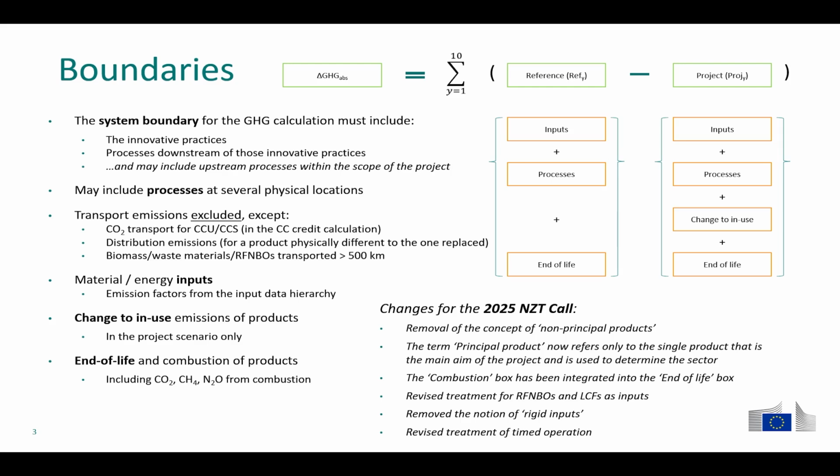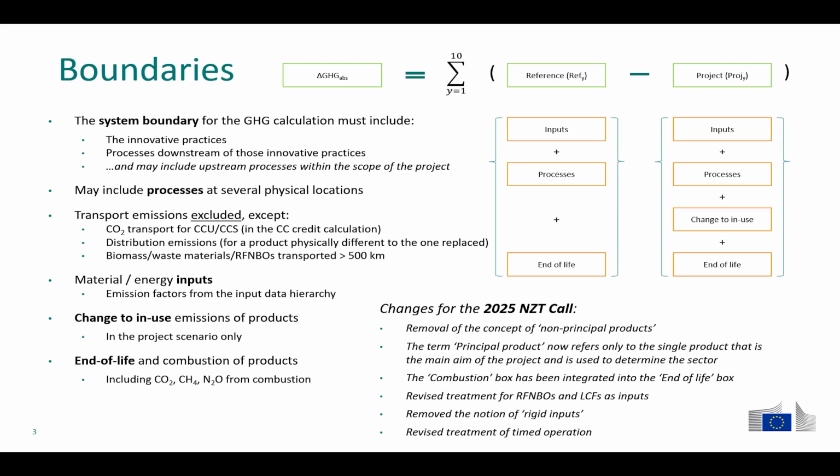Any other products will be assessed following much the same rules as co-principal products were assessed with in previous calls. The combustion box has been integrated into the end-of-life box, so you'll be calculating those emissions as you would have before, but the distinction between combustion and end-of-life in the calculators and in the methodology sections has been removed.